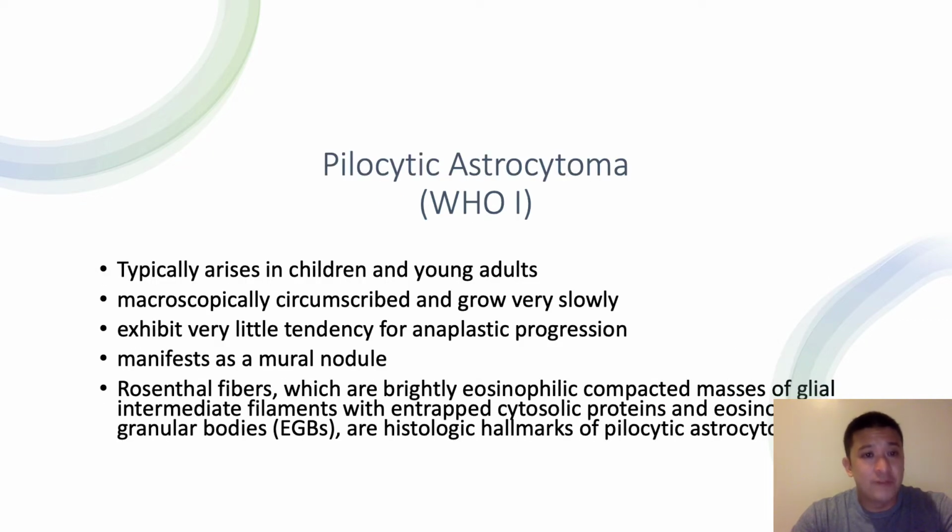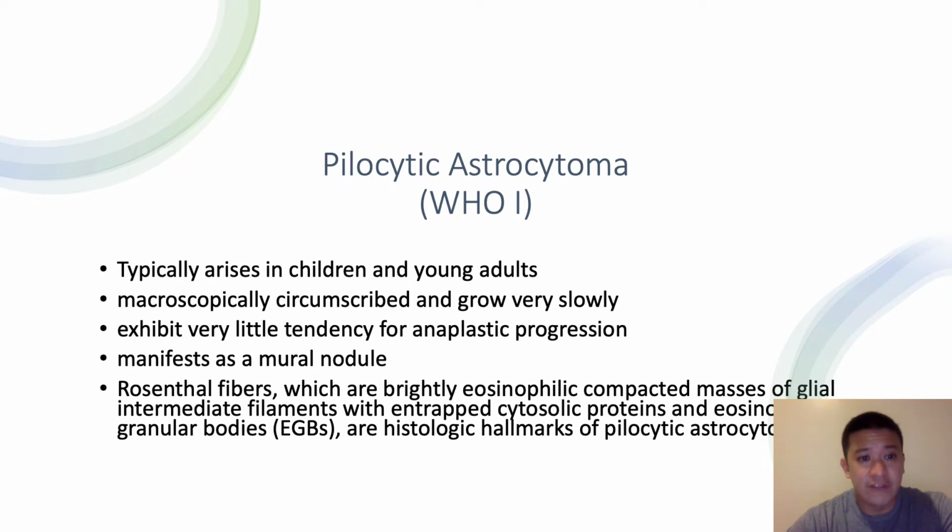An example of an astrocytoma is your WHO grade 1 pilocytic astrocytoma. Now, this typically arises in children and young adults. It's macroscopically circumscribed and grows very slowly. It exhibits very little tendency for anaplastic progression, and sometimes it manifests as a mural nodule.